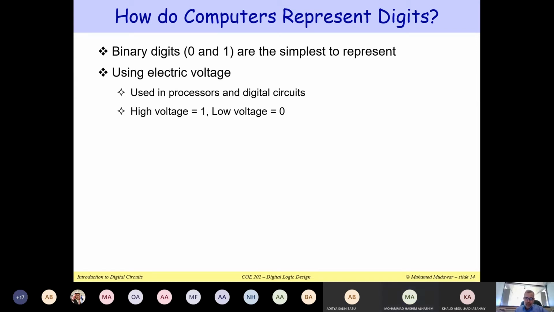So high voltage here will be, let us say, around 1 volt. That will be the digit 1, and the low voltage, which is around 0 volt, will be the digit 0. So here you can see the voltage levels which are used inside the digital circuits.